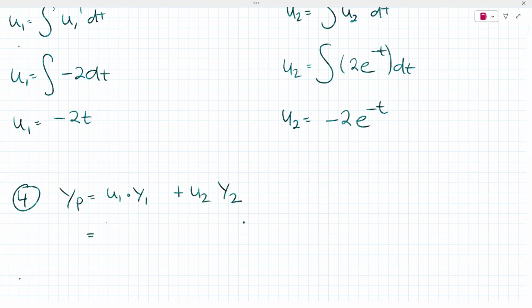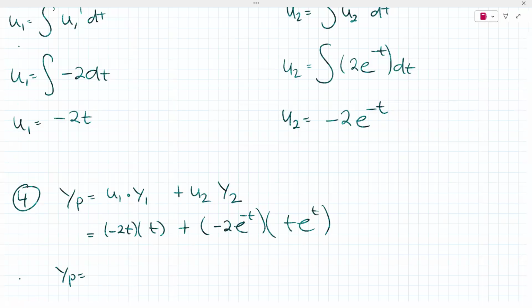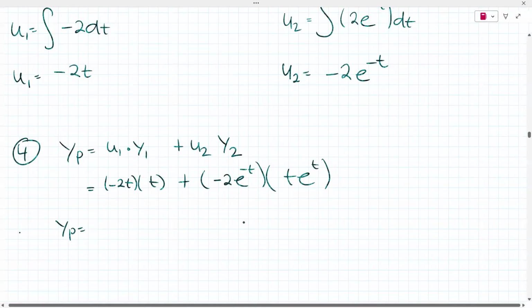My u1 is -2t, my y1 is t, plus my u2 is -2e to the -t, times my y2, which is t e^t. So my yp is going to be -2t squared minus 2t.